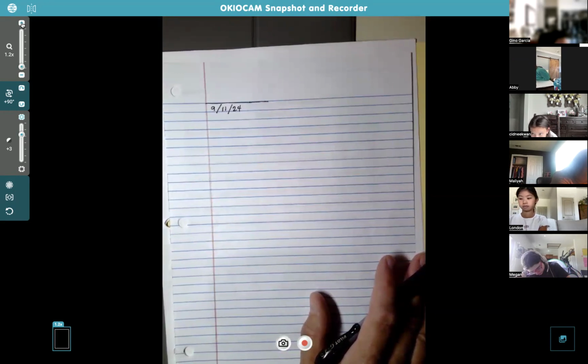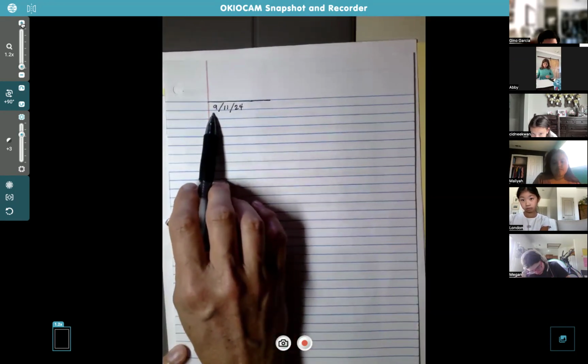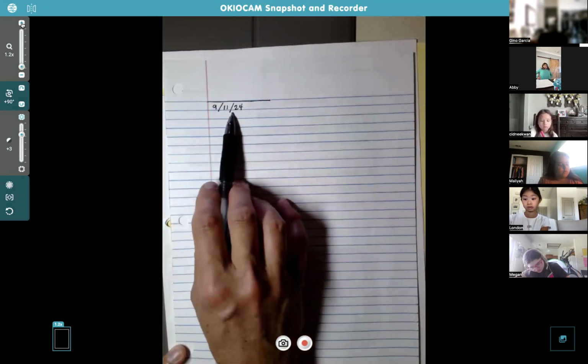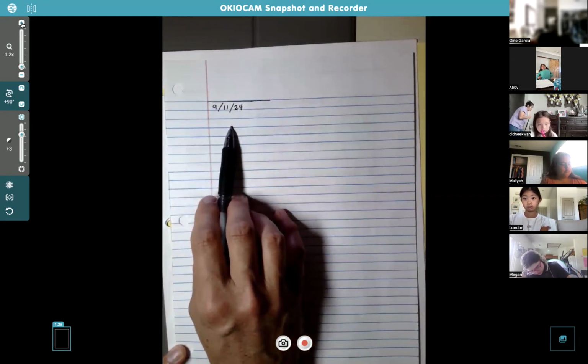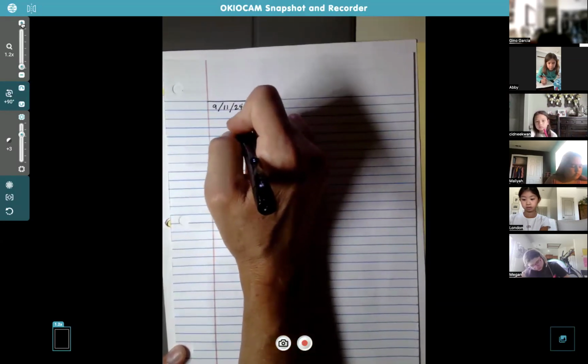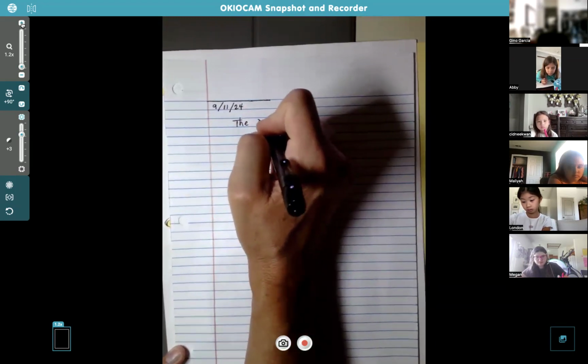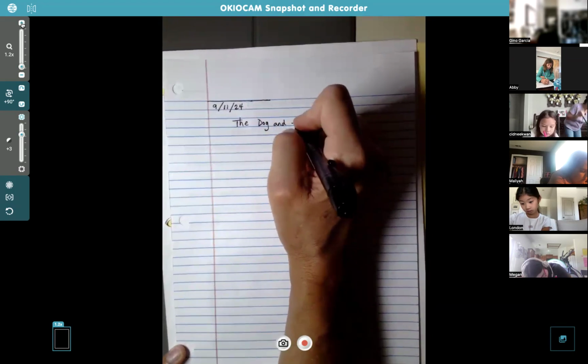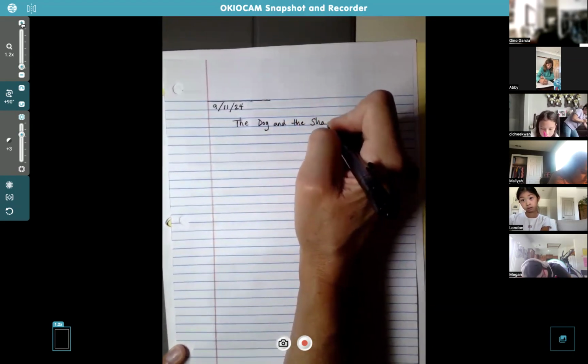And then you're going to skip a line. So that means the space right underneath the date here, leave that one blank and go down one more. And kind of toward the middle, it does not have to be perfect. You're going to write the dog and the shadow somewhere in the middle.